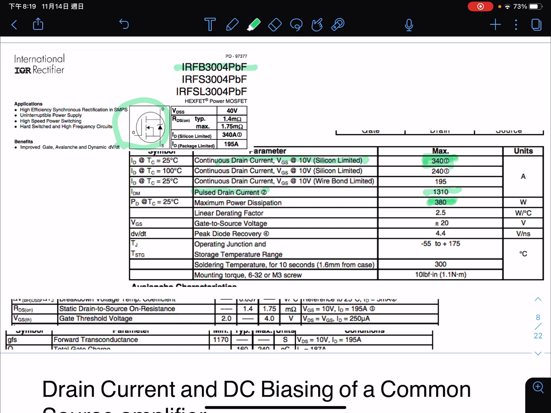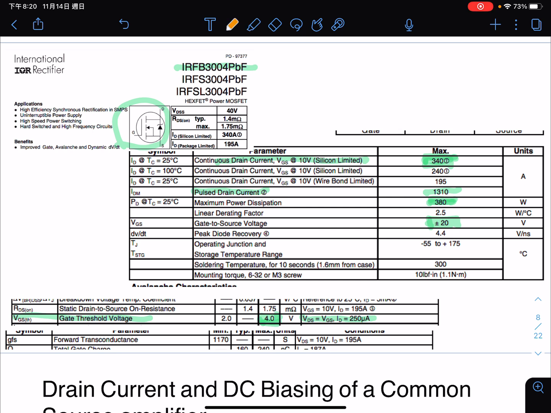And the maximum gate to source voltage can reach 20 volts. This is much larger than the bipolar transistor. And we can see the VGS threshold voltage is 4 volts under these conditions. As we can see, it's no longer 0.7 volt.